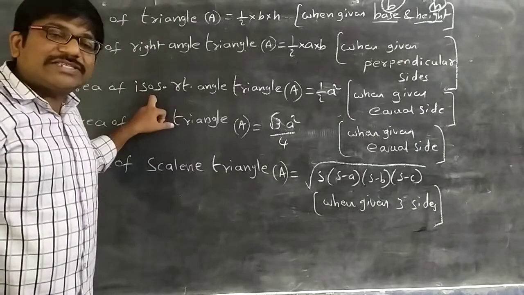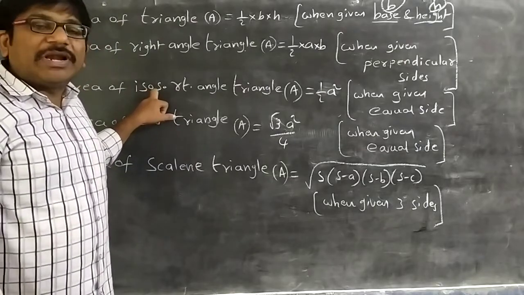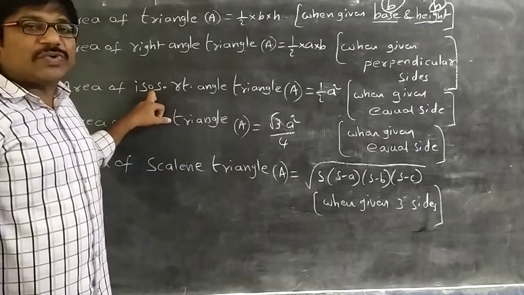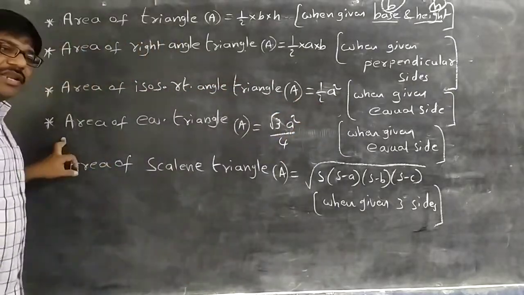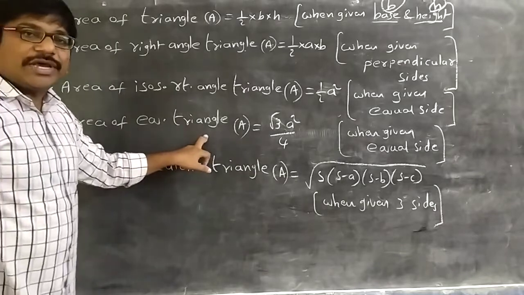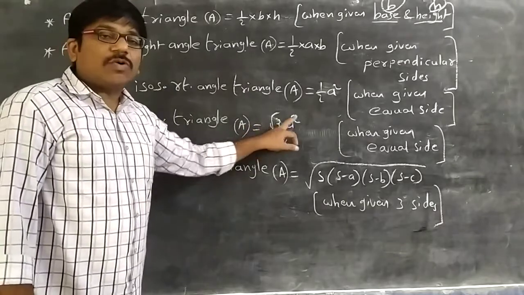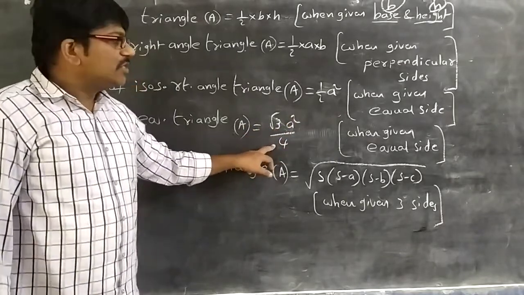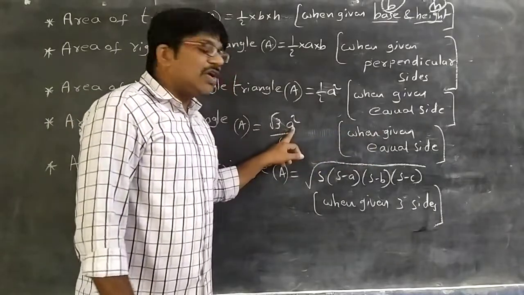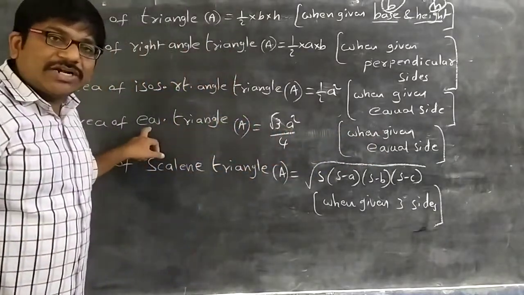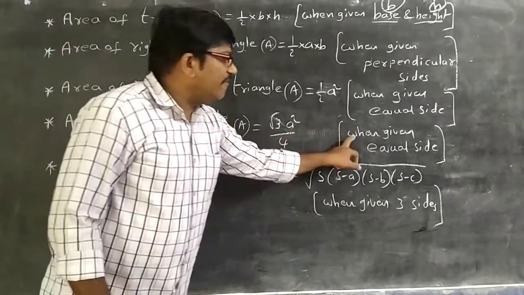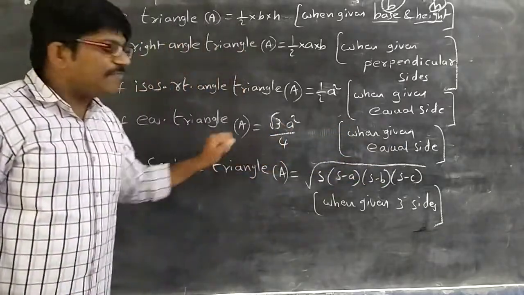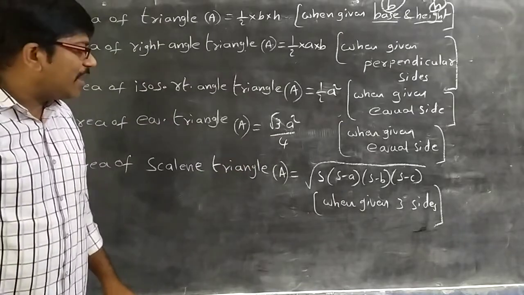So in an isosceles right angle triangle, two perpendicular sides are equal. That's why we use half into A square, right? And area of equilateral triangle is root 3 A square by 4, right? So here A is the equal side. In an equilateral triangle all sides are equal, so when given the equal side we use this formula root 3 A square by 4.